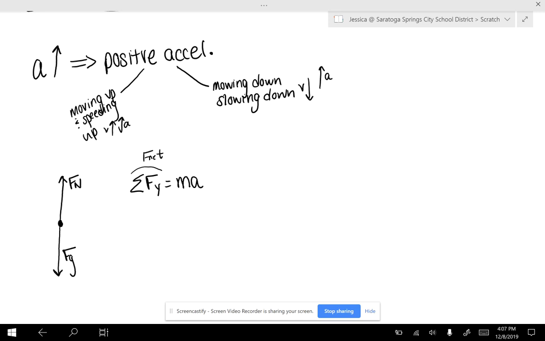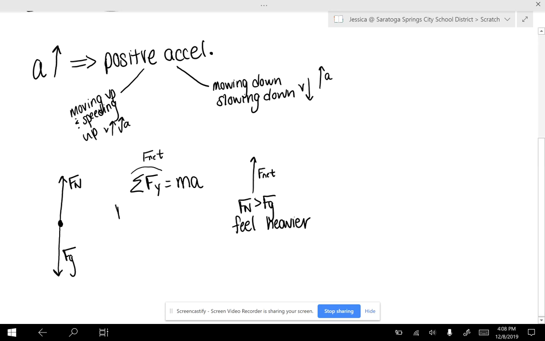So thinking about this logically, if we have an upward net force, that means necessarily that the normal force needs to be bigger than gravity. Whenever your normal force is bigger than gravity, you are going to feel heavier, which makes sense because the elevator has to work extra hard to accelerate you upwards, so it has to apply a larger normal force on you than the force of gravity.